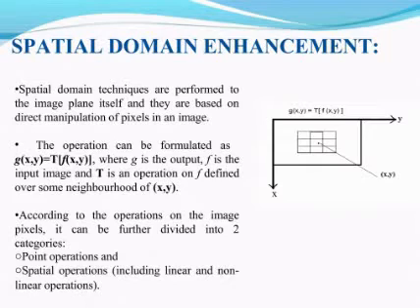The operation can be formulated as g of x, y equals T of f of x, y, where g is the output, f is the input image, and T is an operation on f defined over some neighborhood of x, y. According to the operations on the image pixels, it can be further divided into two categories: point operations and spatial operations, including linear and nonlinear operations.